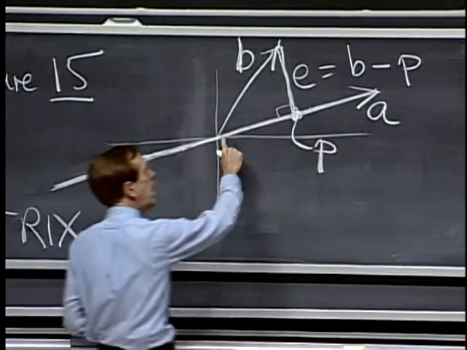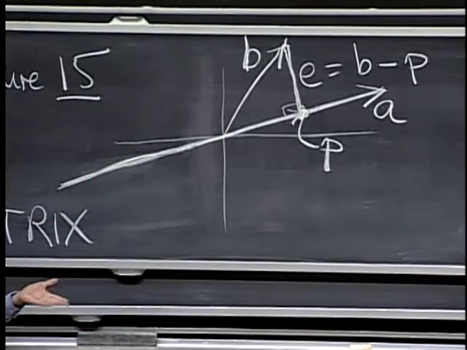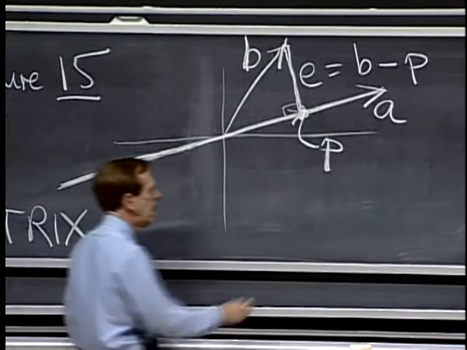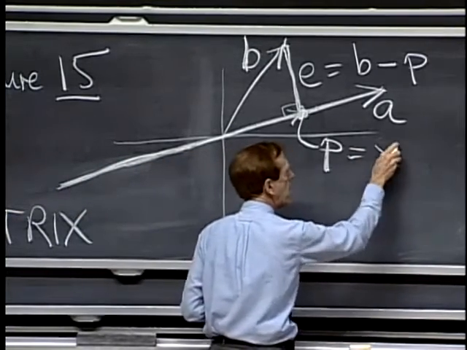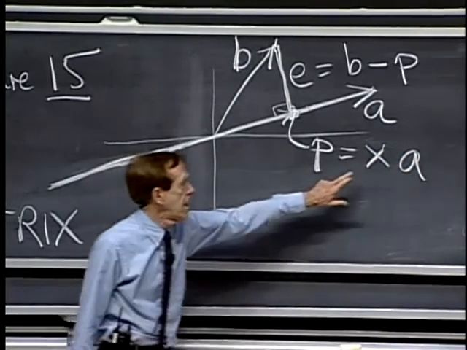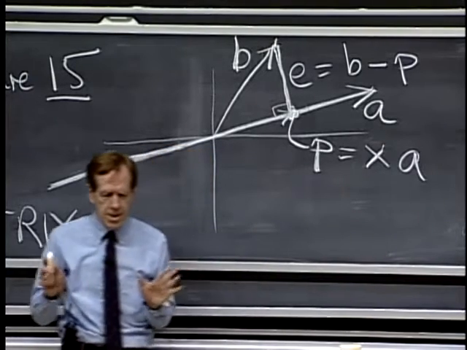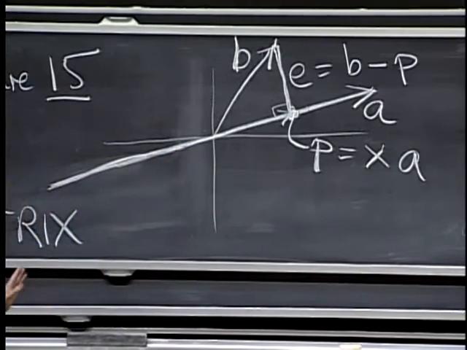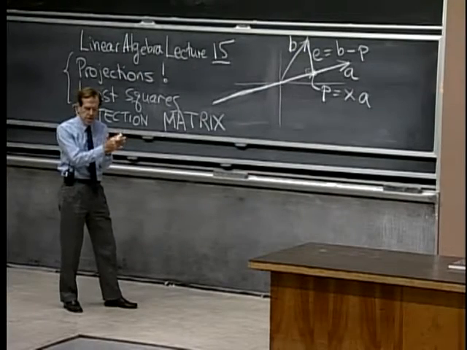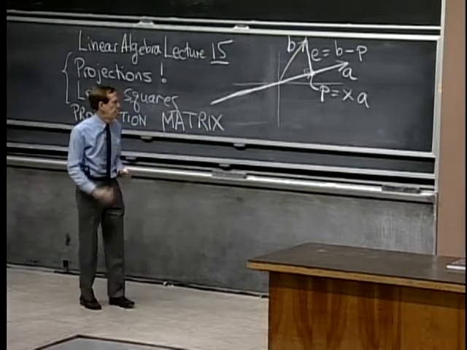We know that P, this projection, is some multiple of A, right? It's on that line, so we know it's in that 1-dimensional subspace. It's some multiple, let me call that multiple x, of A. So really, it's that number x I'd like to find. This is going to be simple in 1D. Let's just carry it through and then see how it goes in high dimension.